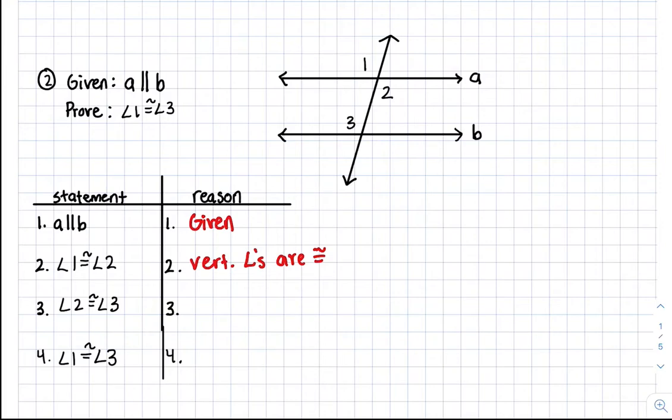Next, look at this. It says angle 2 is congruent to angle 3, right? So angle 2 to angle 3, if you look at your notes, those are alternate interior angles. And we know if we have two parallel lines cut by a transversal, then alternate interior angles are congruent.